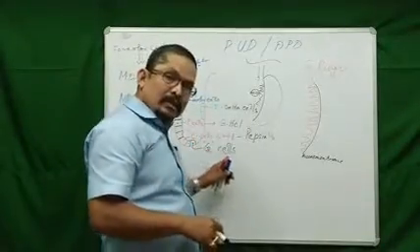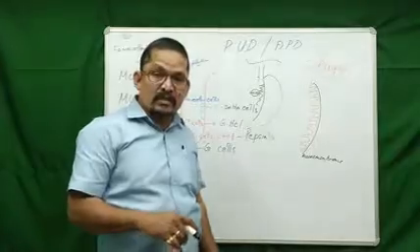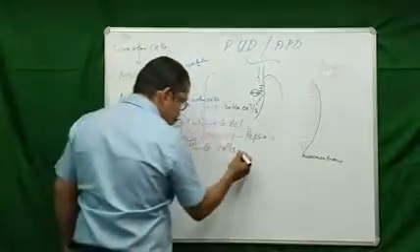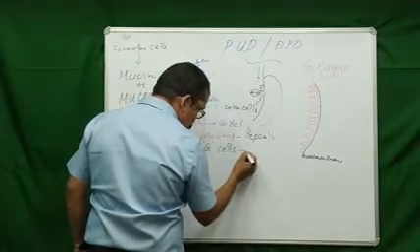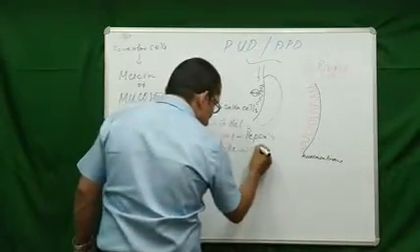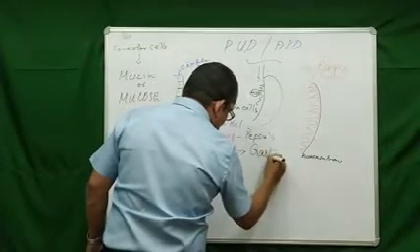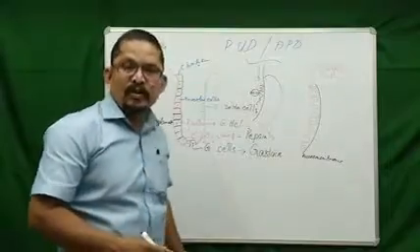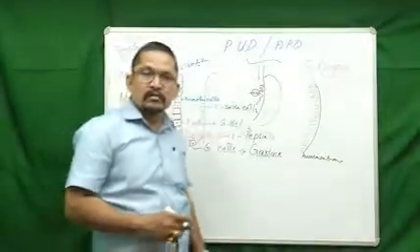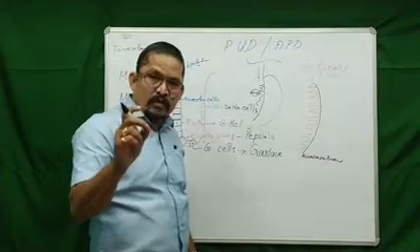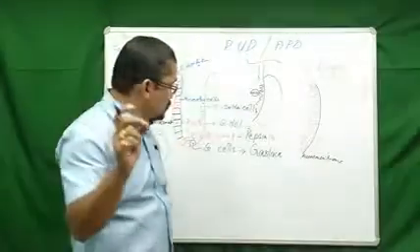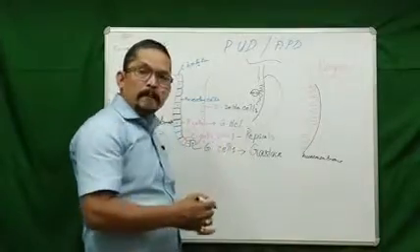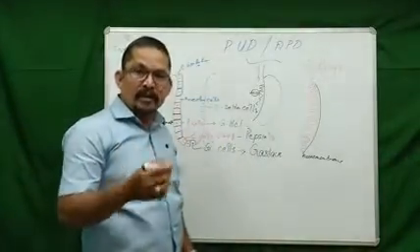Then regarding the G cells. G cells secrete a particular hormone known as gastrin. There are many functions of gastrin, but one of the main functions of gastrin is to stimulate the P cells to secrete hydrochloric acid.